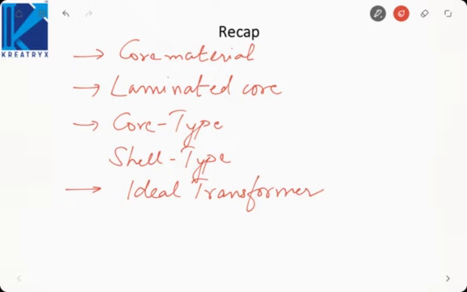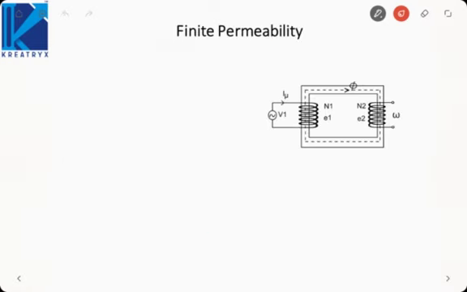So the first assumption of an ideal transformer was mu equal to infinity. Now we will consider the transformer where permeability is not infinite but a finite number. If we consider the finite permeability, we will consider a current I mu, which is my magnetizing current.